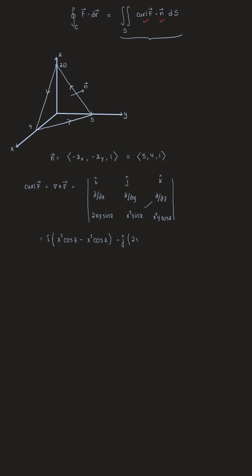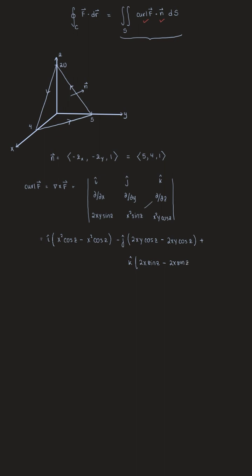That gives us 2xy cosine z, minus partial with respect to z of 2xy sine z, which is also 2xy cosine z. And then for our k component, we have partial with respect to x of x squared sine z, which is 2x sine z, minus partial with respect to y of 2xy sine z, another 2x sine z.